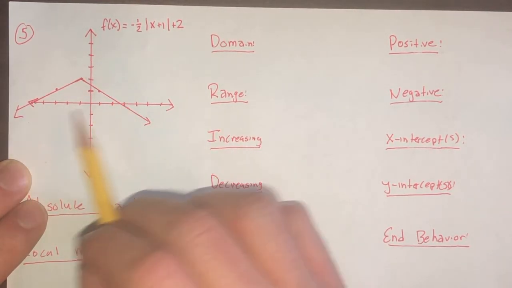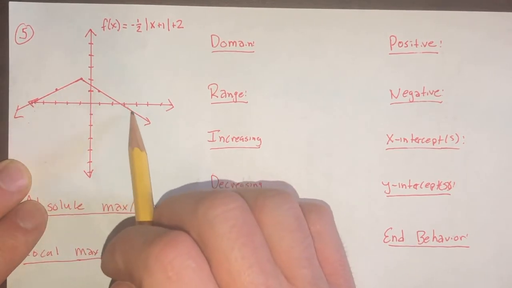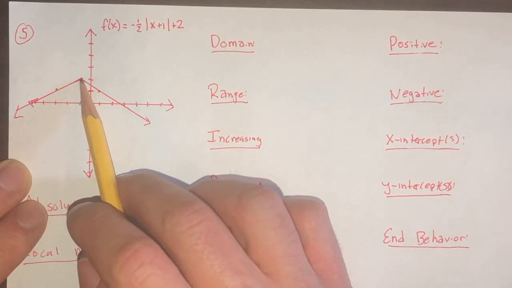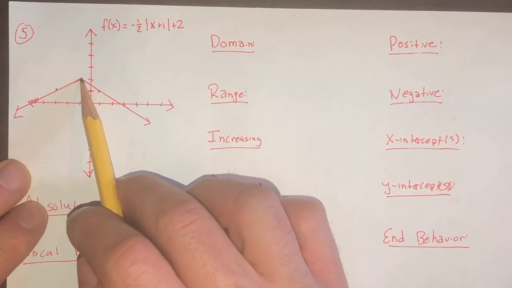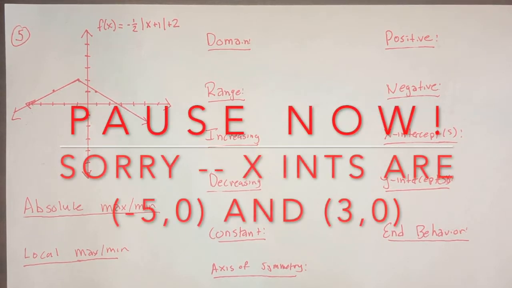This is (3, 0). (-1, 2), okay? So take a second, pause the video, and then when you're ready, unpause, and I'll show you what the answer is for this problem right here, the full analysis.